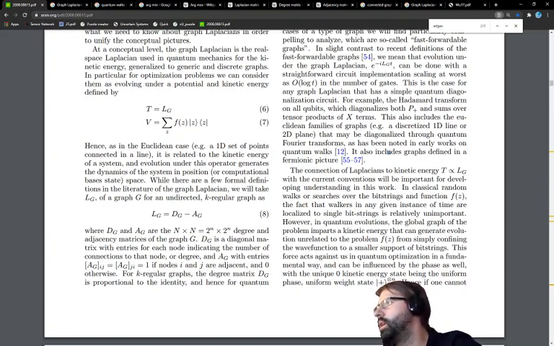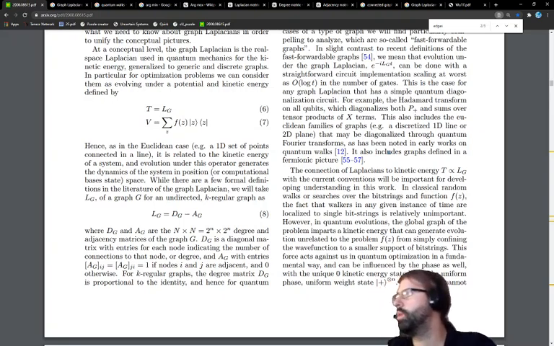What? The global graph of the problem imparts a kinetic energy that can generate evolutions related or unrelated to the problem.